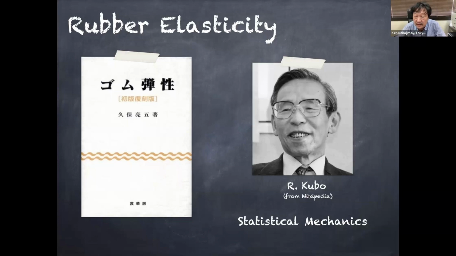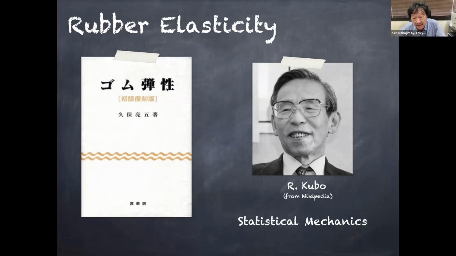Professor Kubo is one of the worldwide famous professors in the field of statistical mechanics. I think everyone in this field in the world knows his name. But very interestingly, he wrote a textbook entitled Rubber Elasticity.